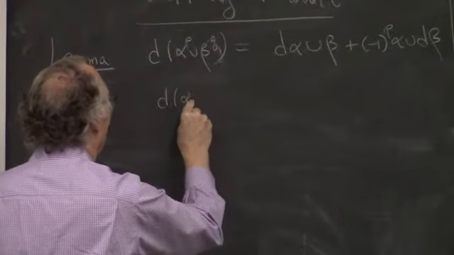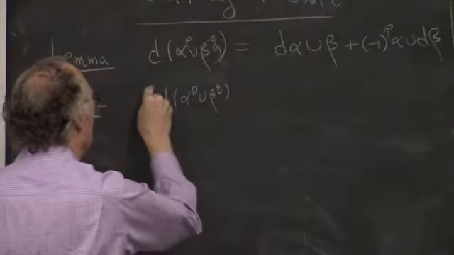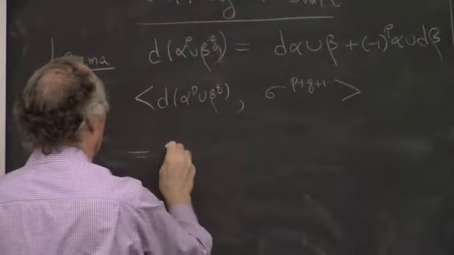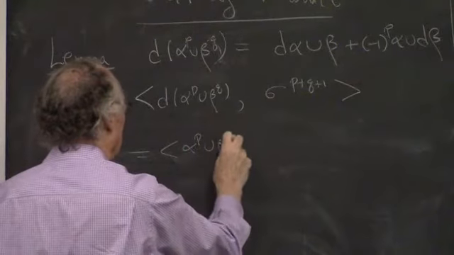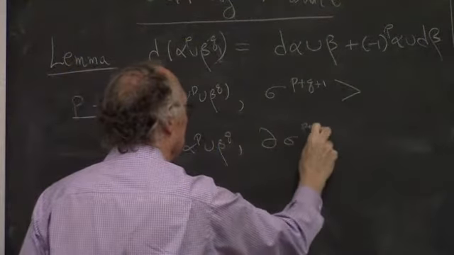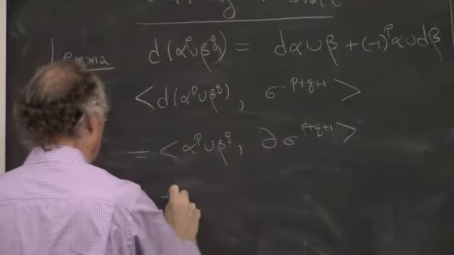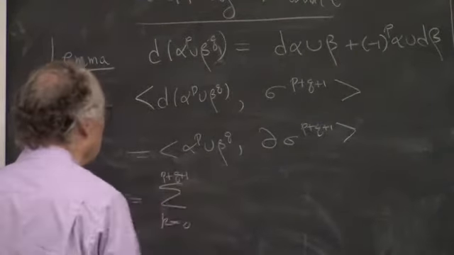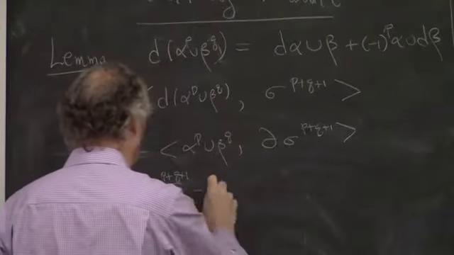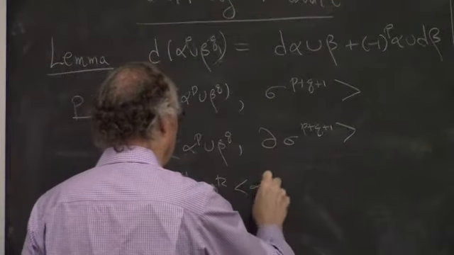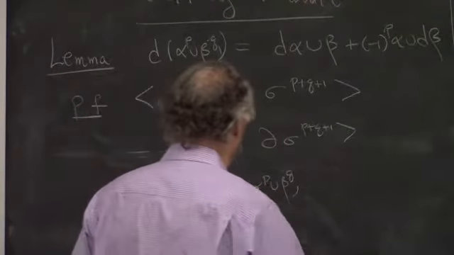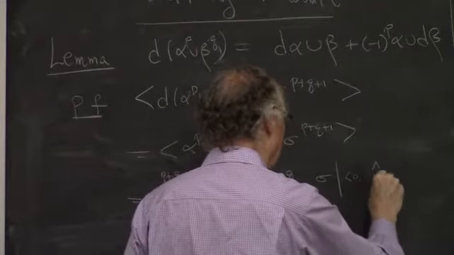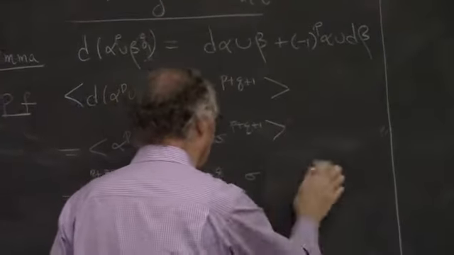So d of alpha P cup beta Q on a simplex of dimension P plus Q plus 1 is, of course, alpha P cup beta Q on the boundary of the simplex, which is the summation k equals 0 to P plus Q plus 1 of minus 1 to the k, alpha P cup beta Q evaluated on sigma restricted to the k-th face of sigma, skipping vertex k.